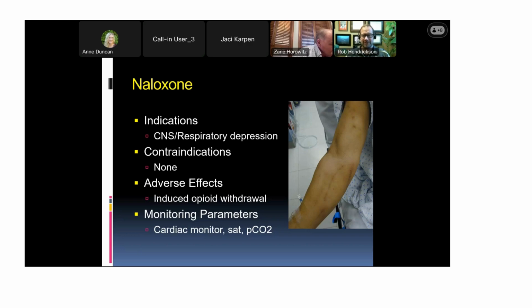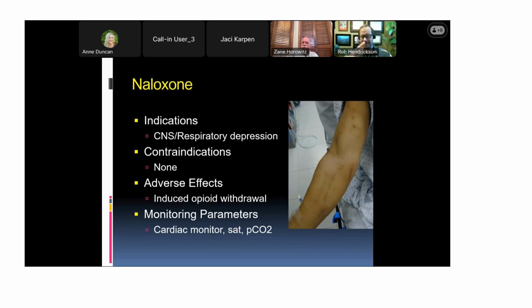There are pretty much no contraindications to naloxone, which is great. The studies done on naloxone escalated the doses up to 70 milligrams IV, in a group that did not have substance use disorder. They didn't have an opioid tolerance and didn't develop withdrawal symptoms.